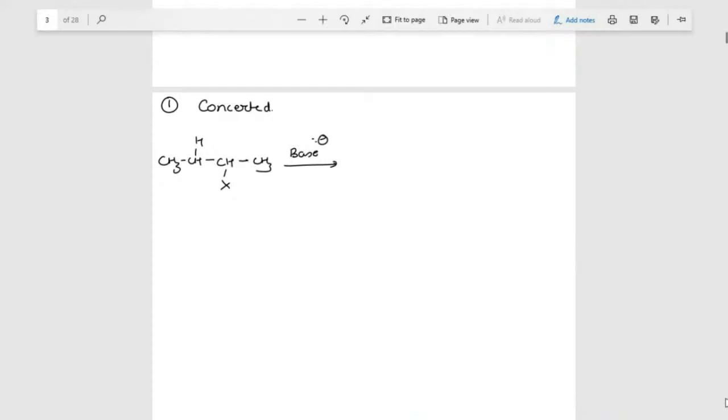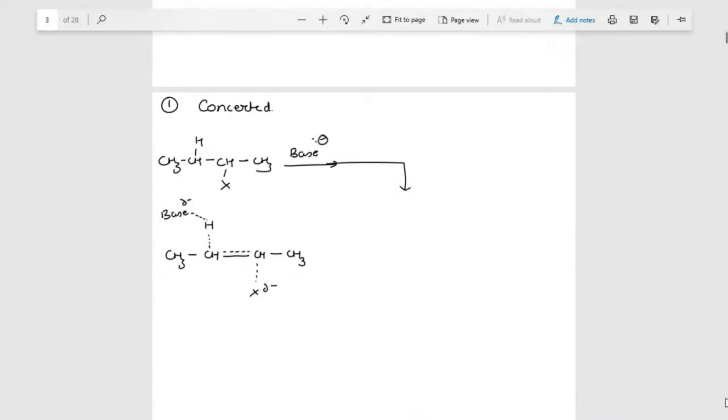If I talk about regio, this base can attack here. Let me draw it here clearly. So CH3, CH, this bond will start breaking. Base will start forming bond with this beta H. Here a new pi bond has begun, delta minus CH3.